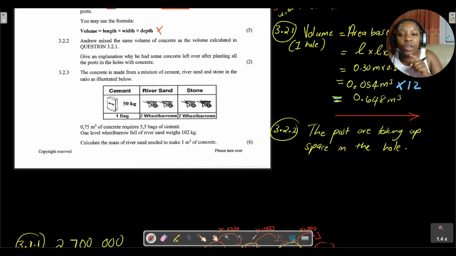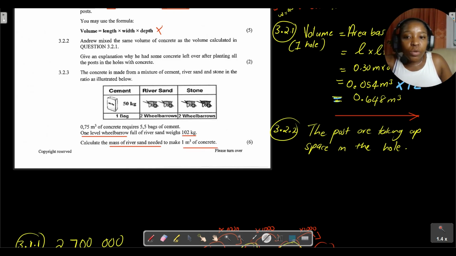We are told that 0.75 meters cubed of concrete requires 5.5 bags of cement. 1 level wheelbarrow full of river sand weighs 102 kilograms. We want to calculate the mass of river sand needed to make 1 meter cubed.